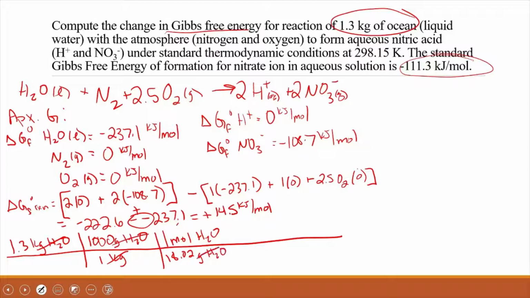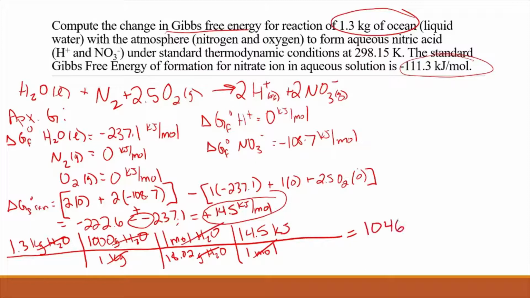Grams cancel. Now we have moles, and then we can go ahead and use this delta G formation as a conversion factor to go from moles to kilojoules. So we have 14.5 kilojoules for every 1 mole. And so then that cancels out our moles, and we are left with 1,046 kilojoules.